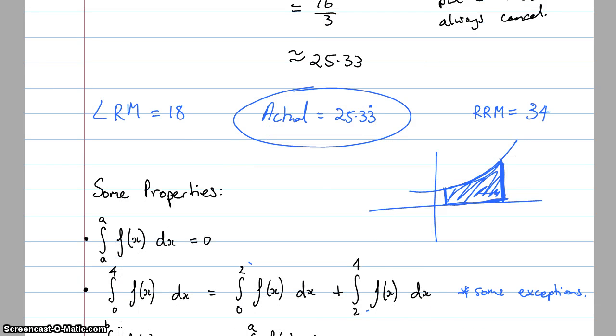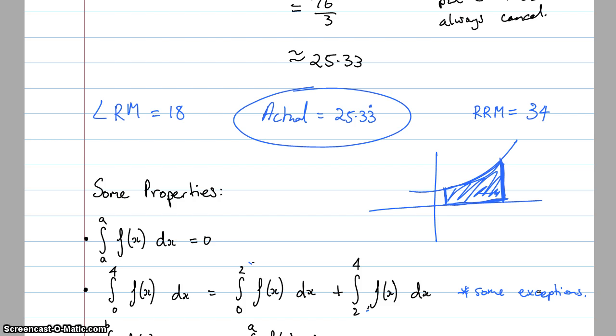If you have the integration between 0 and 4, it is the same as between 0 and 2 plus 2 and 4. So if these two numbers here are the same, then you can split this integration up into the two different parts. There are some exceptions, and I'll have a look at that in the next video, or possibly the one after that.